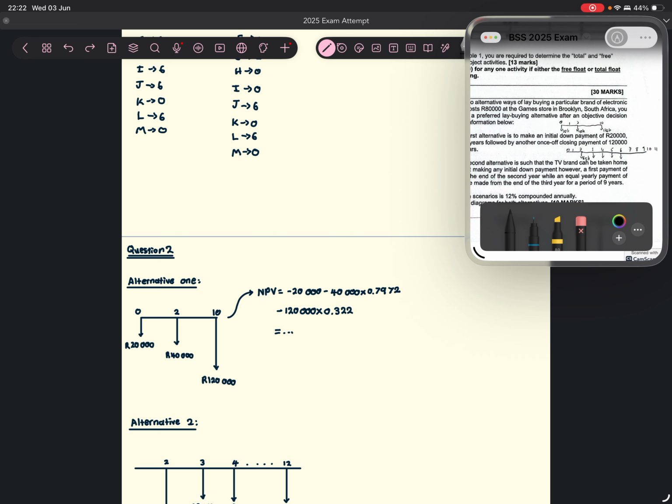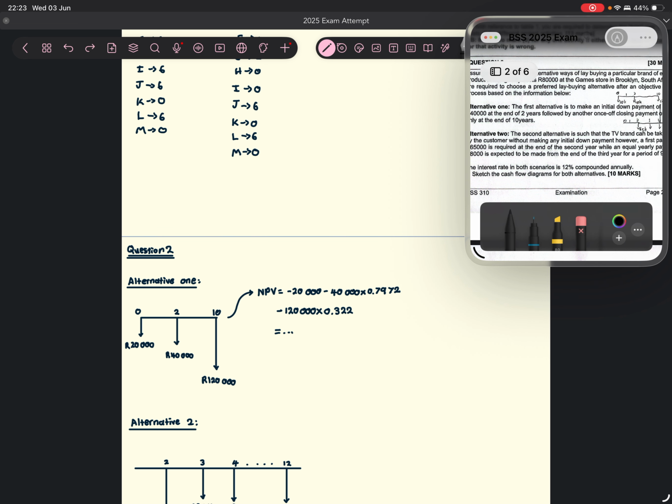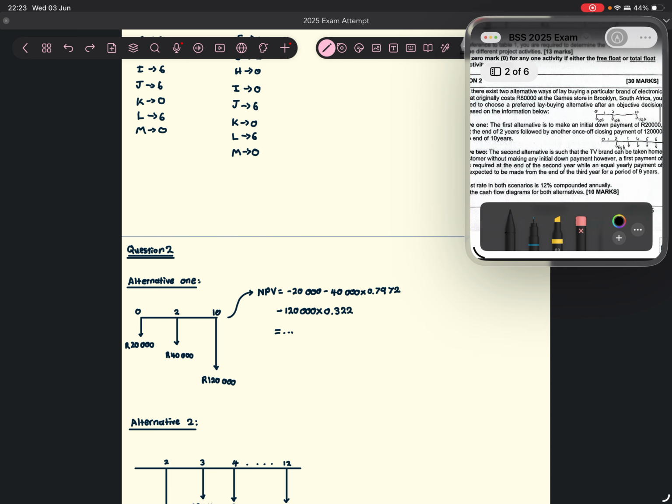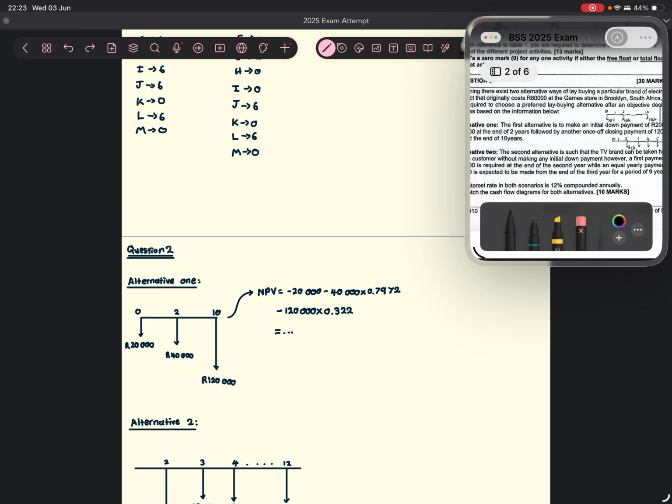We're asked to draw the cash flow diagram, and then we're also asked to use the net present value to determine which one of these two is the better option, right?